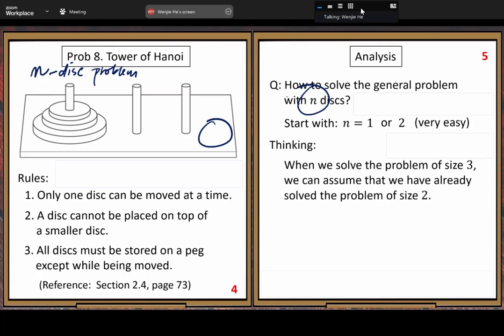So we can make our assumption: the problems of smaller sizes are known. Solutions are available. That means you can use the solutions for problems of size 2. You can use it.